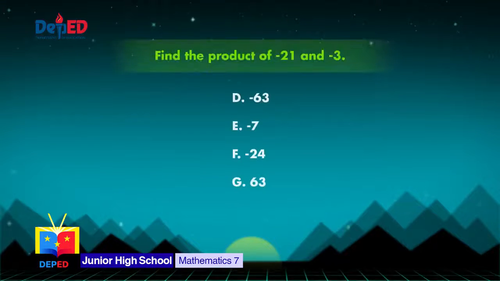List down the letters of the correct answers to form a word that will reveal Antiger's location. Find the product of negative 21 and negative 3. Letter D, negative 63. Letter E, negative 7. Letter F, negative 24. And letter G, 63.